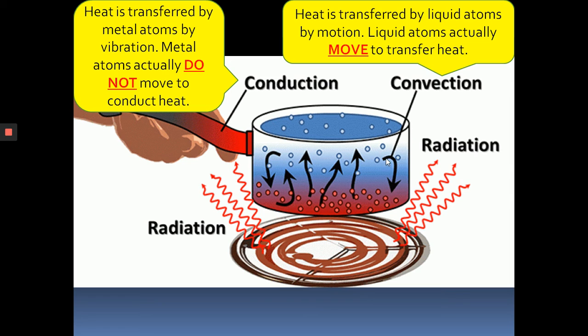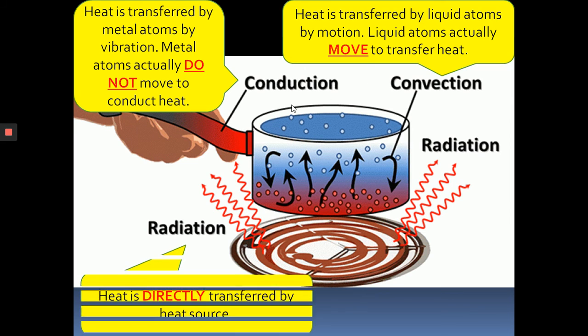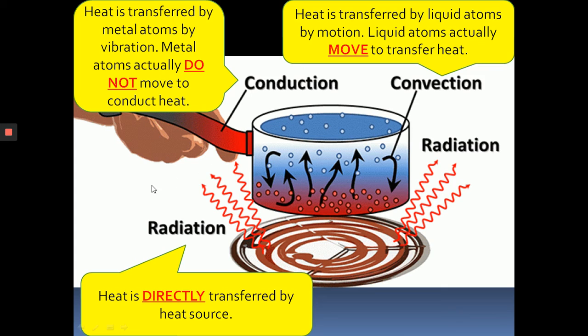Now, convection, on the other hand, is heat transferred by the motion of liquid atoms. The liquid atoms actually move to transfer the heat, and that is a key difference from conduction. The molecules are actually moving in convection. In radiation, no molecules are needed.